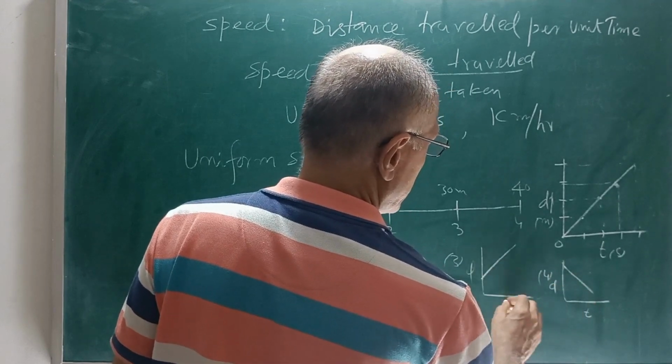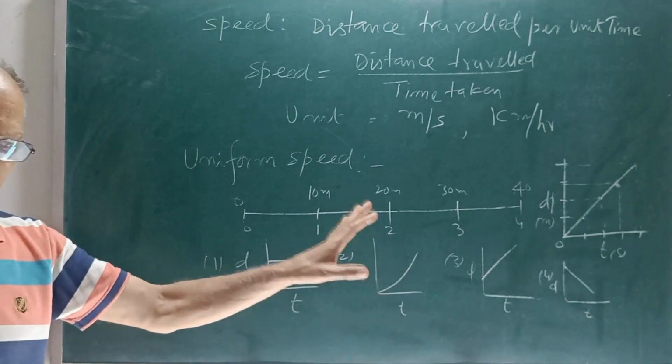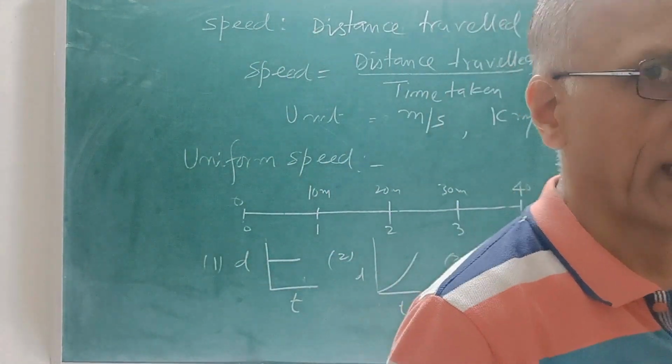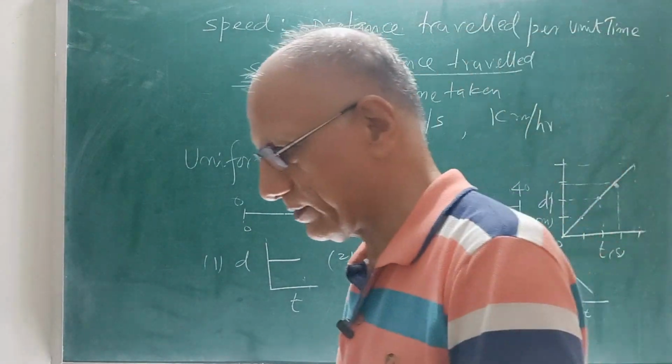This is D and this is T. So out of these graphs, which one is showing uniform speed and which one is not showing uniform speed?